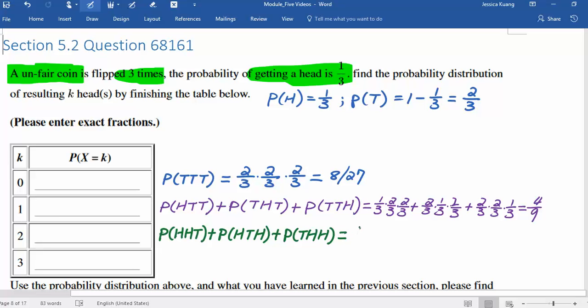And probability of getting a head is 1/3, another 1/3, and 2/3. And the probability of getting a head, tail, head is 1/3 times 2/3 times 1/3 plus the probability of getting a tail, head, and head.